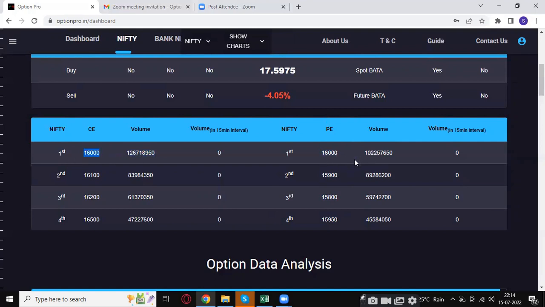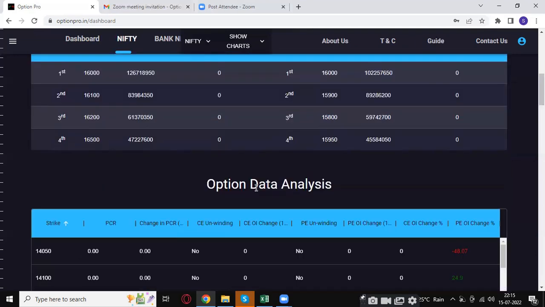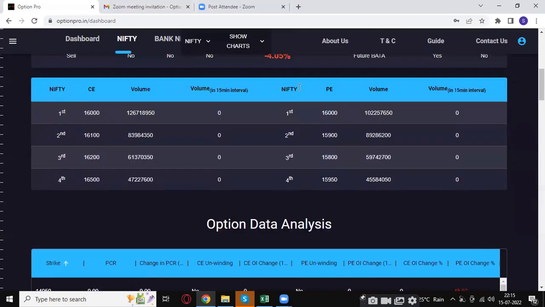Let's say it is a put and 16,000 is the highest volume, but in 15 minutes the 15,800 strike price volume is increasing more compared to 16,000, then it is a negative indication for the market, right? So you got the idea? Okay, great.